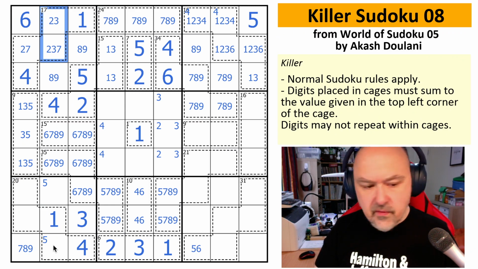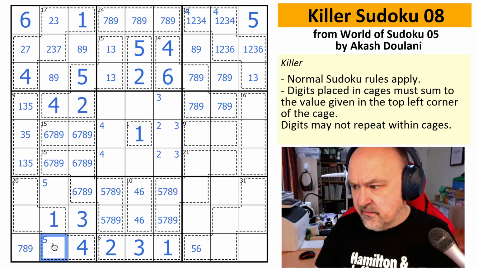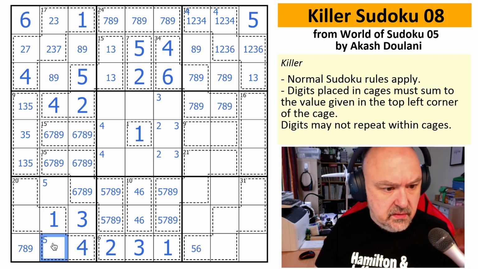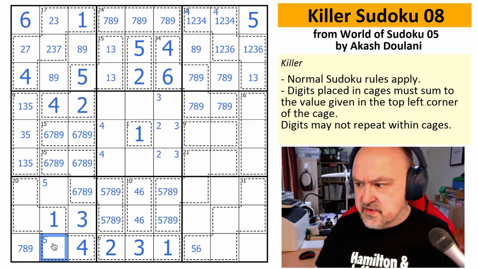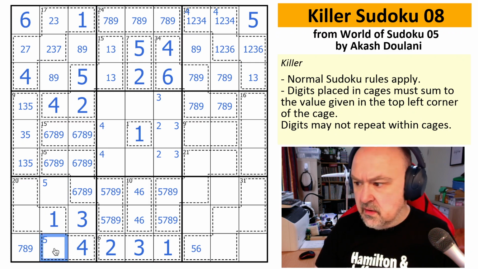1, 2, 4, 5, 8. So that would be 2, 8, and that would be 5. 1, 2, 4, 6, 7. So that would be 2, 6, and 7. 6 would go here.